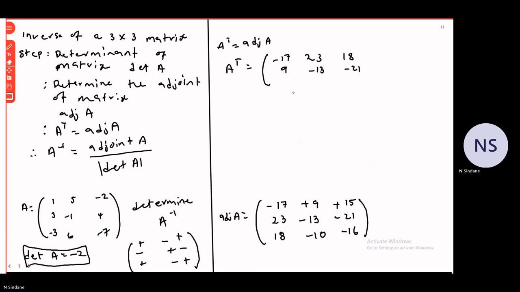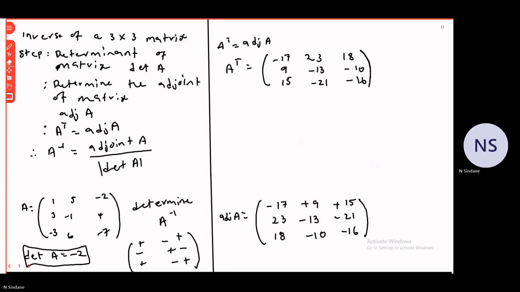And then we have 15, minus 21 and minus 16. No, not minus 21 in the middle, so this is 10. That is 10. And that is 16.